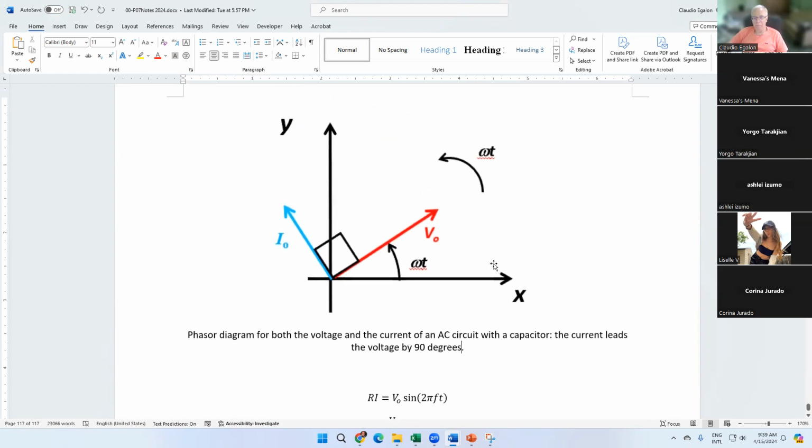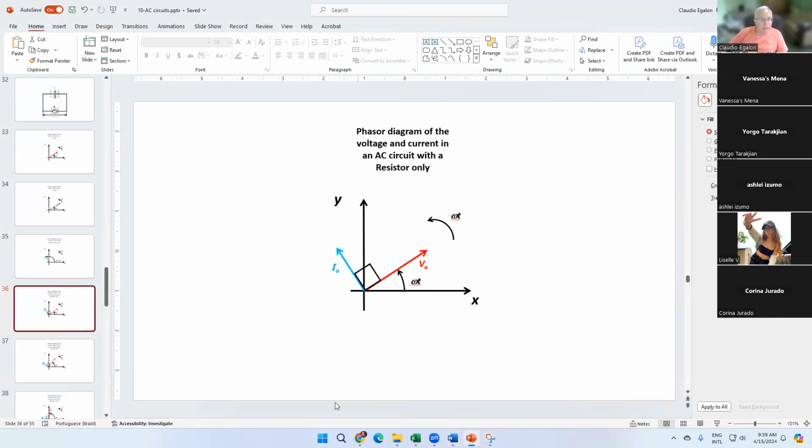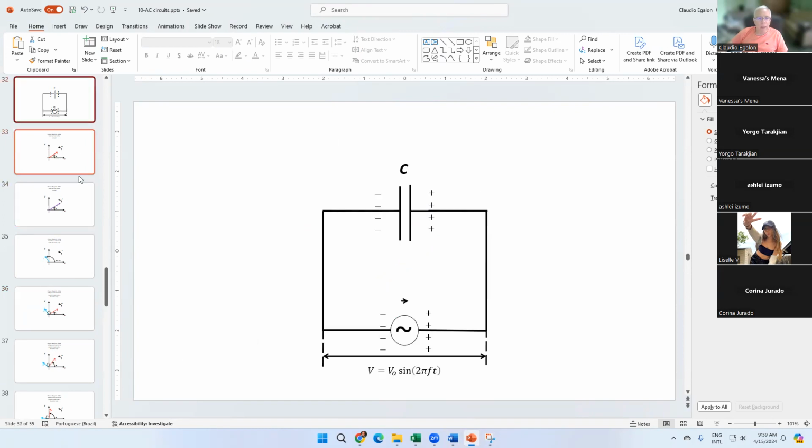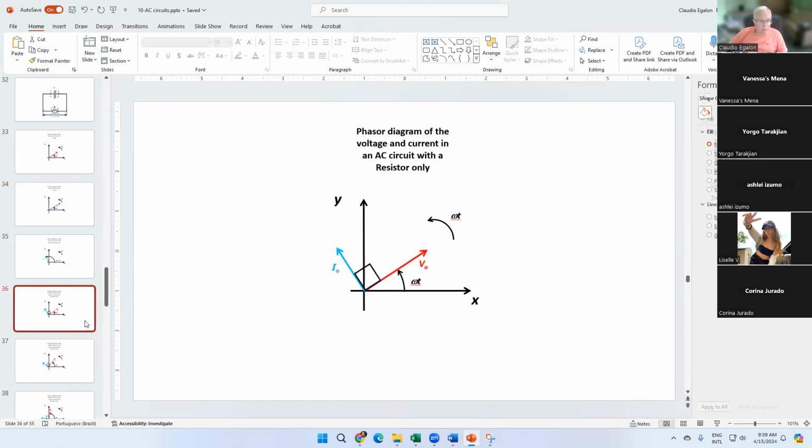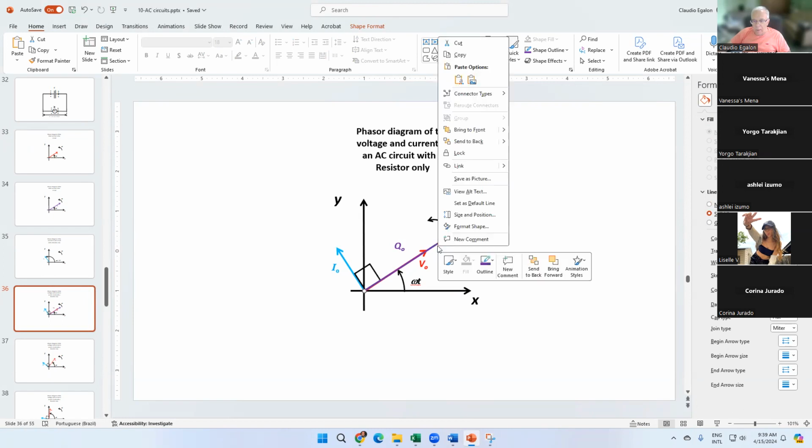Simple enough, right? Let's add the other one. We're going to add this one as well, but one is going to be on top of the other. The one that's going to be on top is the one that's shorter, so we can visualize it better.